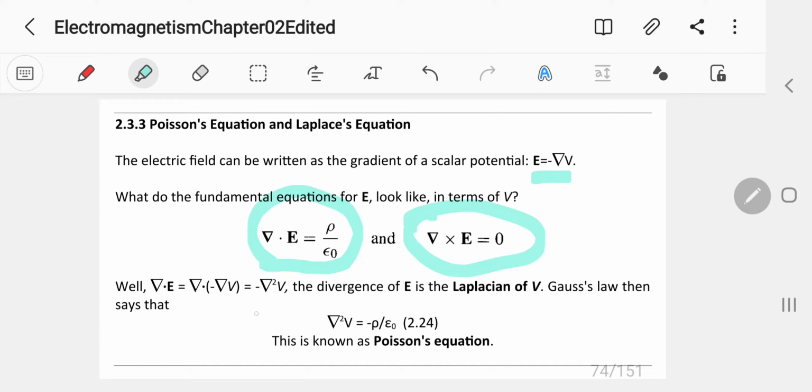Now we can write this as an equation, and that is called Poisson's equation, where the Laplacian of V is equal to negative rho over epsilon sub O.